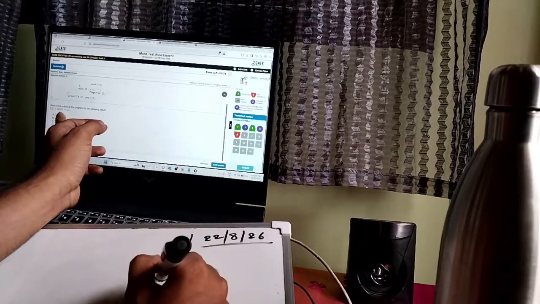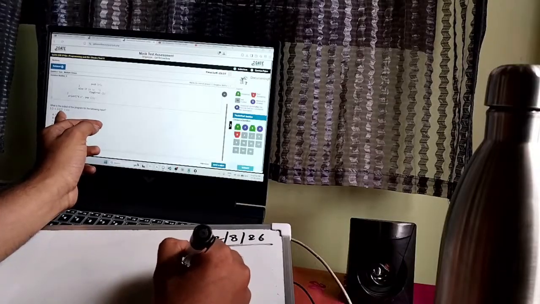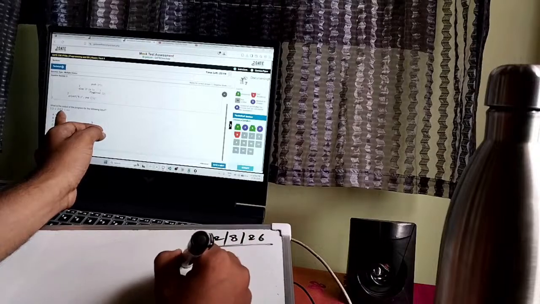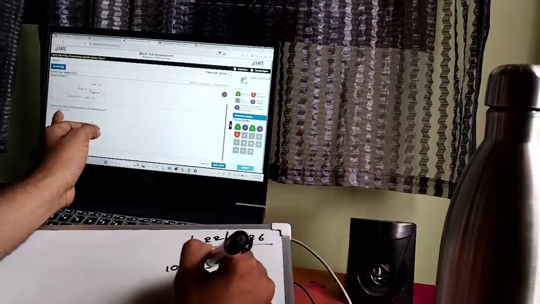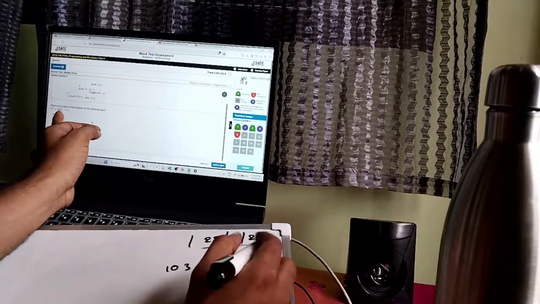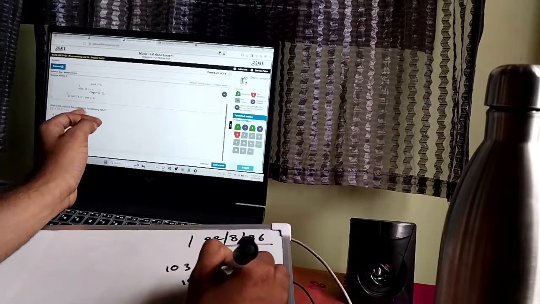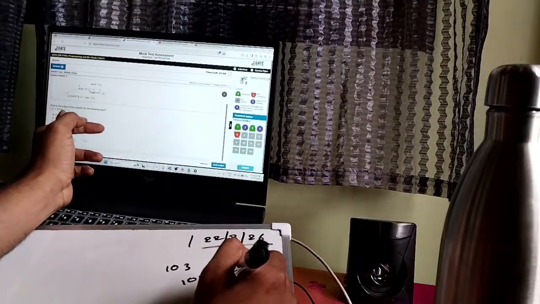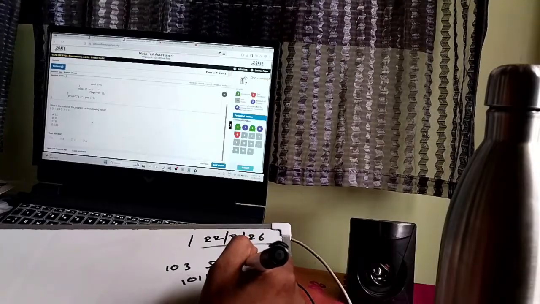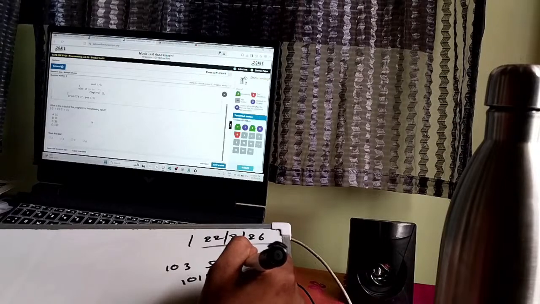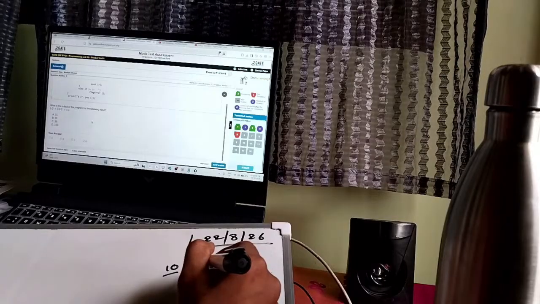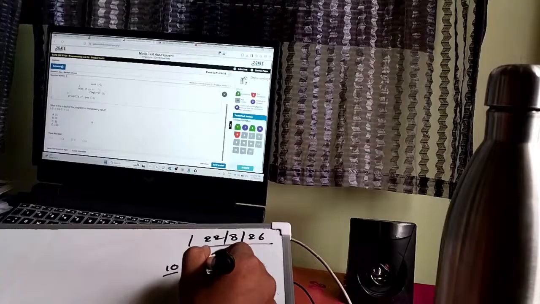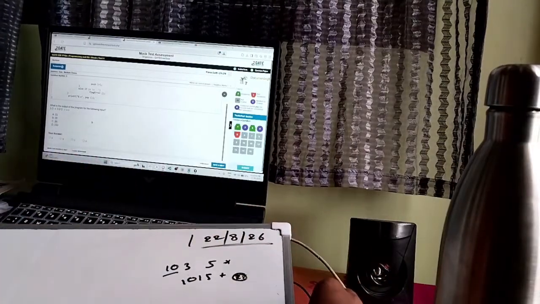So if we just consider 5 and 2, first we do these two operations. 3 plus 2 becomes 5. Then 5 into 3 is 15. Plus 10, the answer is 25.